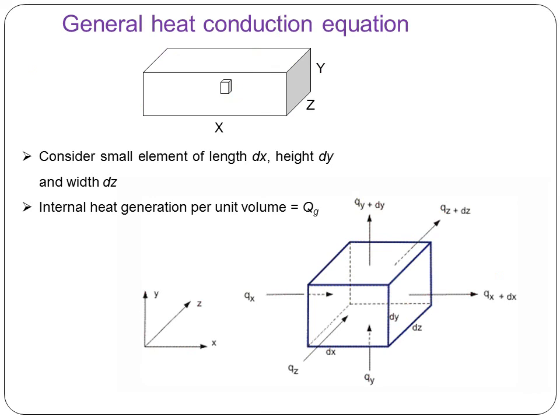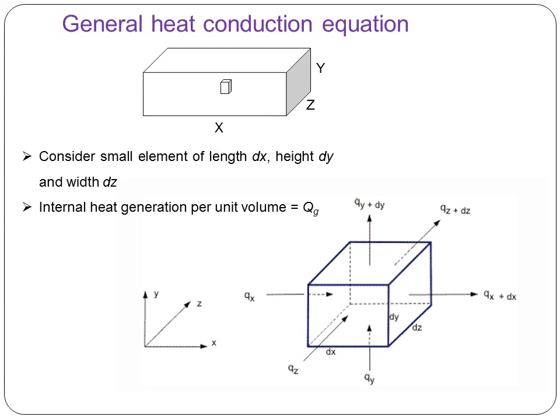So, let us now consider an element from a slab. The slab has dimensions x, the length in the x direction, y, the height in the y direction, and z, the width. If I consider a small element of dimensions dx, dy and dz of this slab, then Qx is the rate of heat flow in the x direction entering the element.